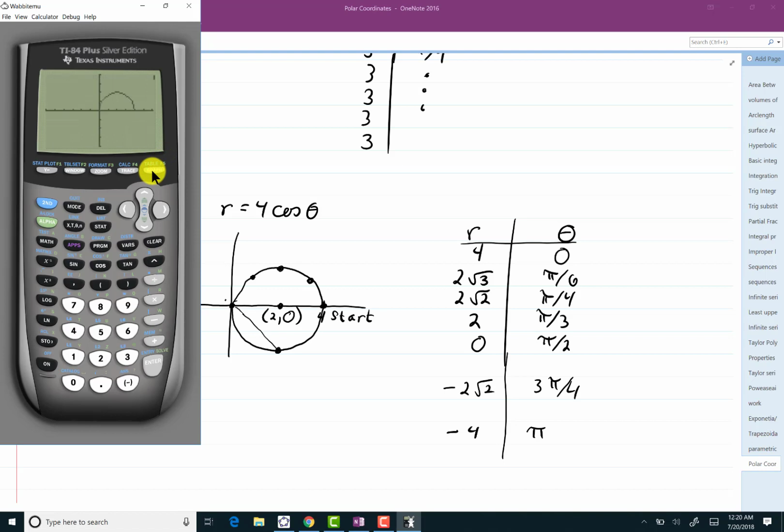So let's take a look. Since it was square, you can see that I had the ZSquare set. You can see that we have a circle, like I said. And if you use a little bit of imagination, if this had been 4 sine of theta, I would have had a circle, but it would go along the y-axis.